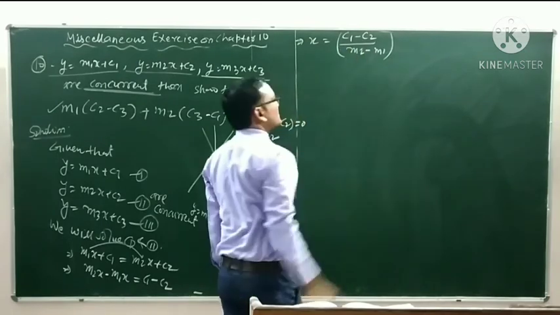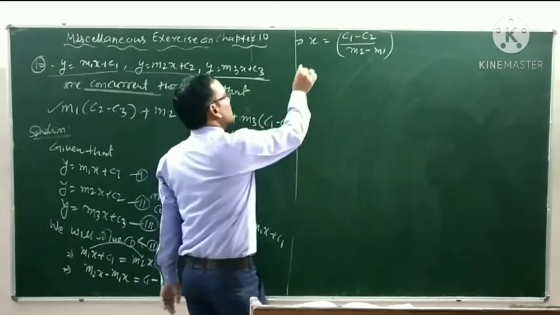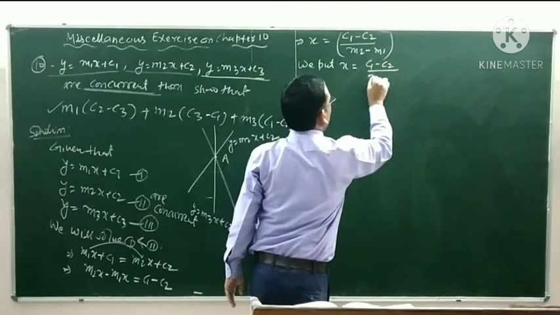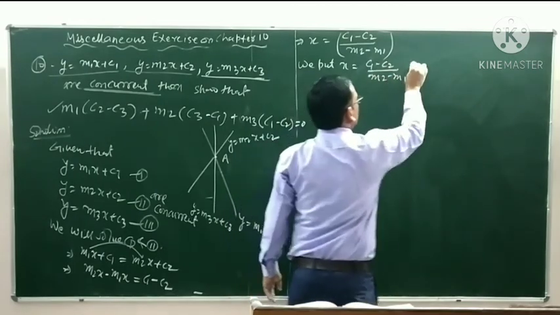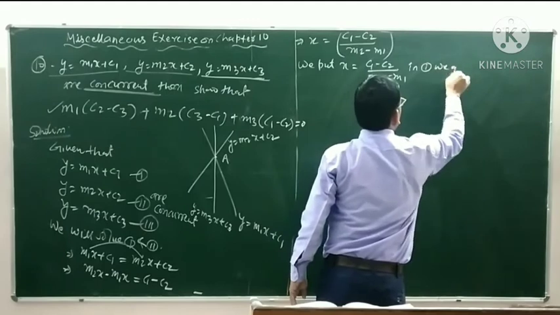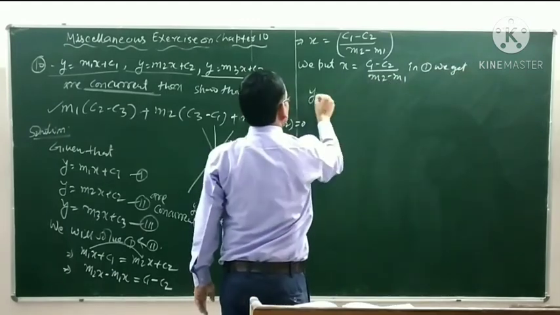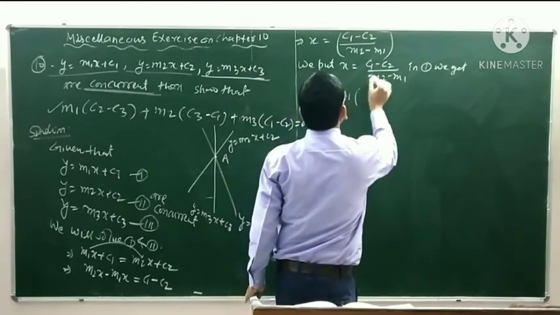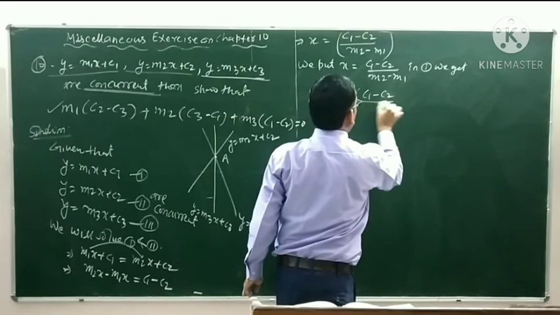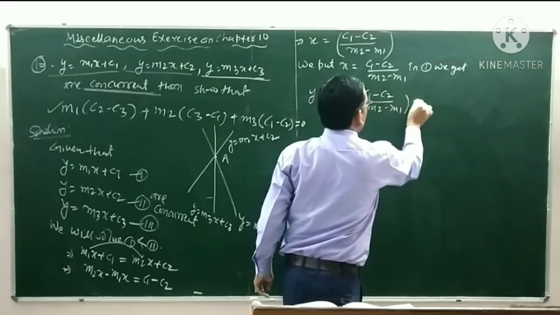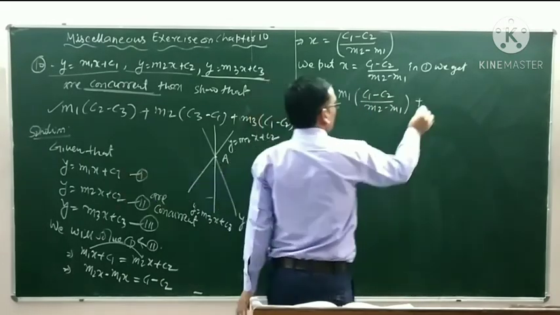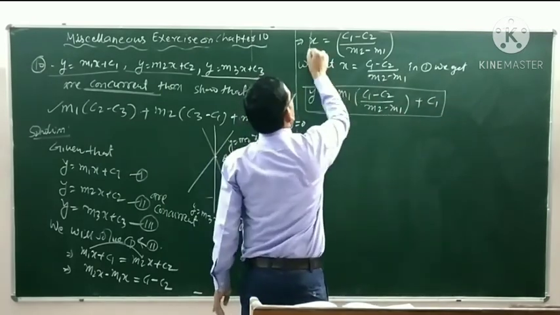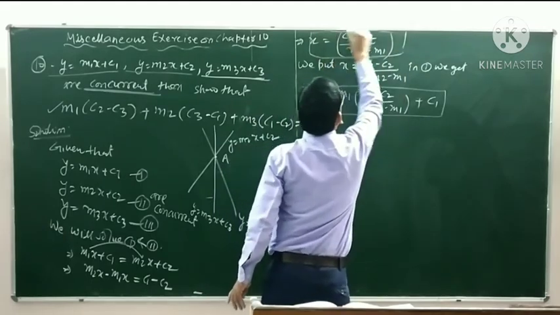Okay students, we put x equal to c1 minus c2 upon m2 minus m1 in 1, we get y equal to m1 into c1 minus c2 upon m2 minus m1 plus c1, which is the value of y, and the above is the value of x.